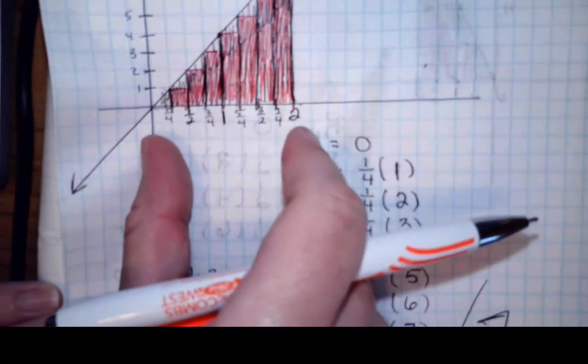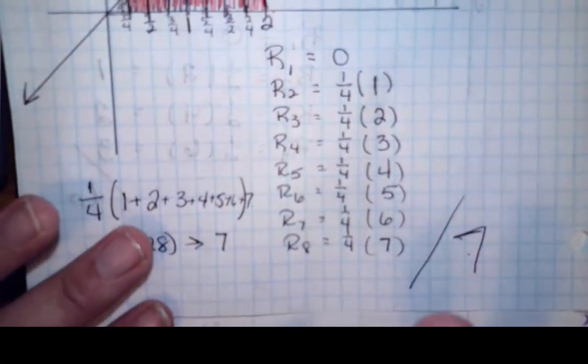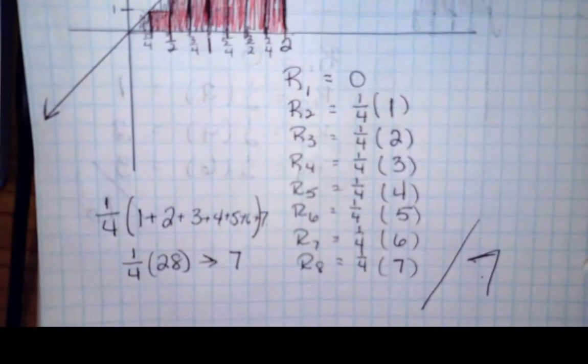I used more rectangles, and I got a better approximation of 7. So which one gives you the better approximation? The more rectangles you have, the better your approximation is going to be.